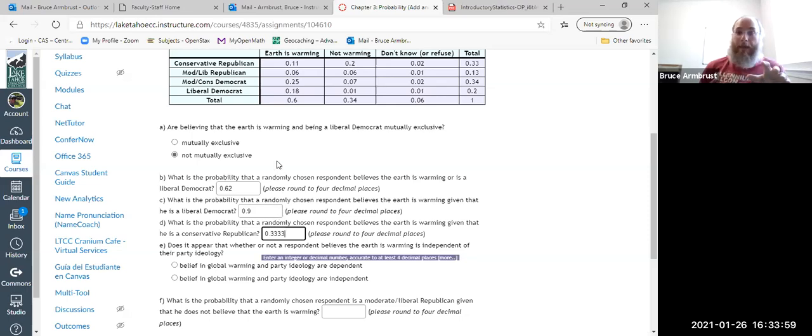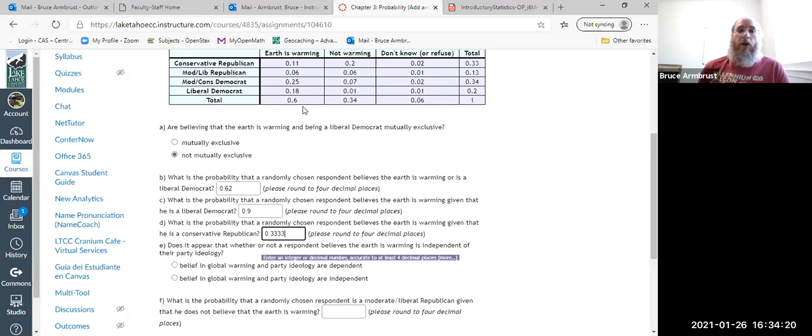Remember what dependent means? Independent means that the likelihood that it occurs overall is the same as the likelihood it occurs on a conditional probability, on a given. And you can see that that's definitely not the case.